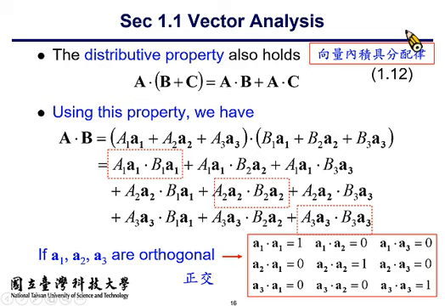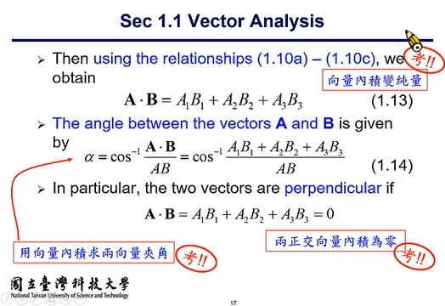Okay, and over here is another reminder about the orthogonal property of reference directions. Okay, so here are some operating principles about the dot product. You can simply take the product of the two vectors in each reference direction.